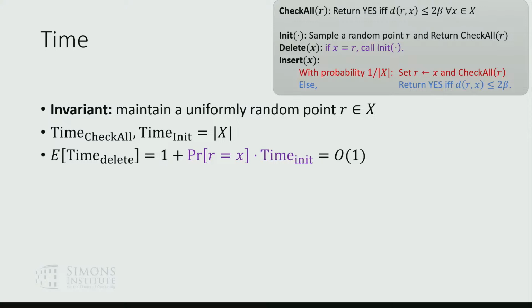The time for deletion is, first, spend one unit of time to delete. But then you might need to reinitialize your algorithm, which costs the initialization time. But this will happen only if the point of deletion is your random point R.